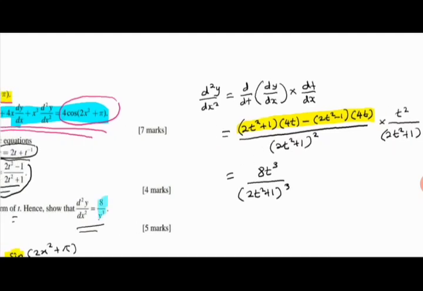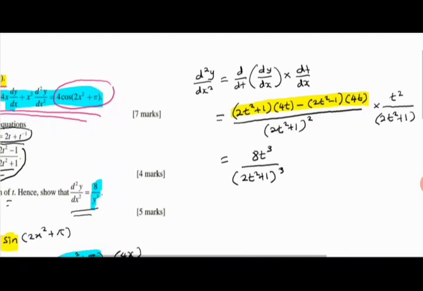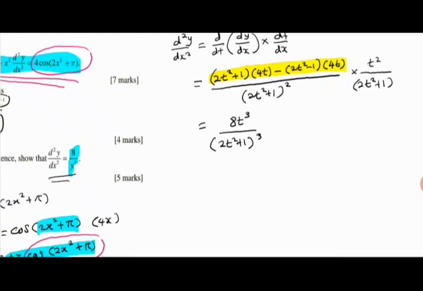And then we want to show that d squared y/dx squared is equal to 8 over y cubed. But before that, we have to look at what our y cubed is. Our y is equal to 2t plus 1 over t, which is our original y. After I equalize the denominator, y is (2t squared plus 1) over t.